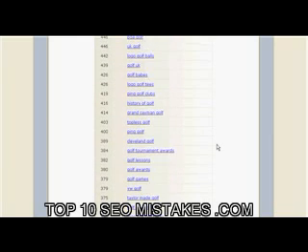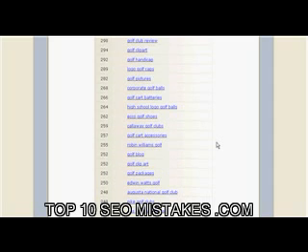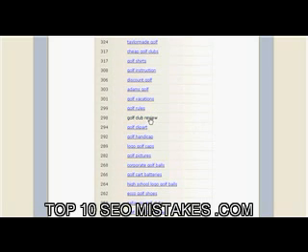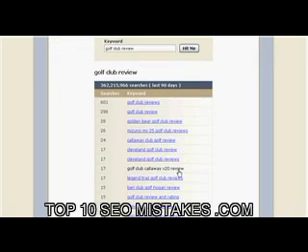So what you have to do is scroll down and find a keyword phrase that's particularly relevant to yourself. So let's have a look at, say, golf club review. How about that? So let's say your website actually reviews lots of different golf clubs around the world.